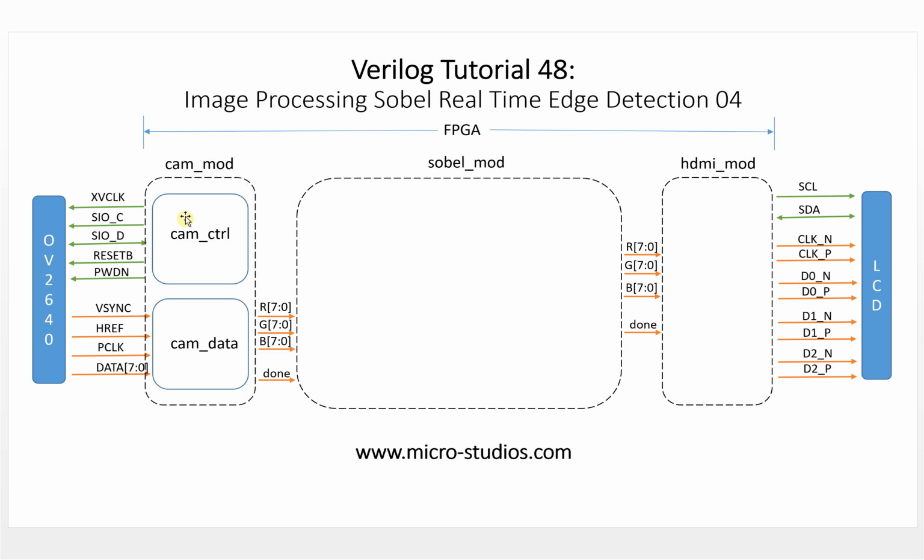It takes over all the control signals, initializes the camera sensor, and sets the sensor registers through the I2C bus, for example setting the resolution and setting the output format as RGB 565.